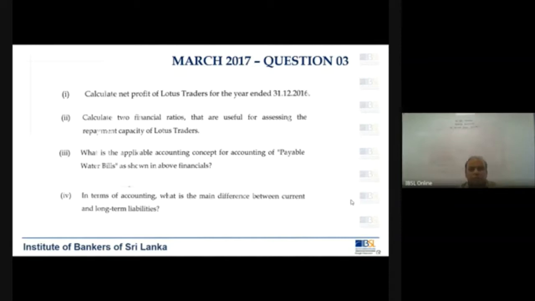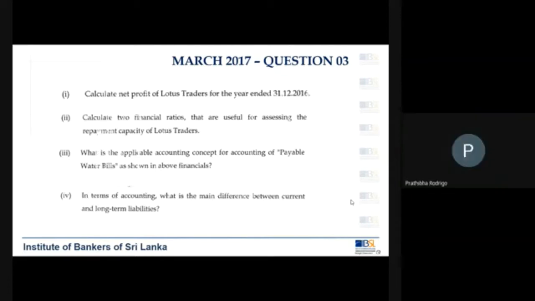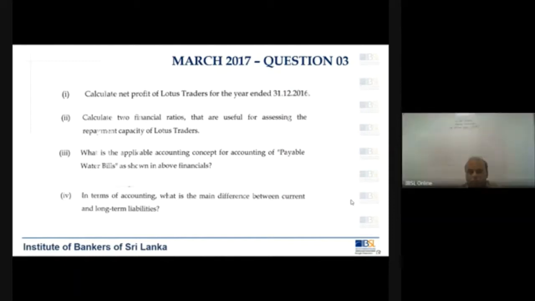Then the third one, they say, what is the applicable accounting concept for accounting of payable water bills as shown in the above financials? What is the answer? Accrual basis concept. Accrual basis accounting or accrual concept. Very good. Now you see, just for writing accrual concept, you get 5 marks.